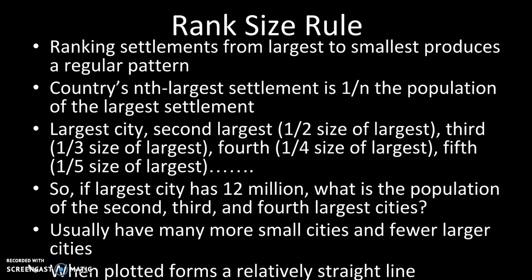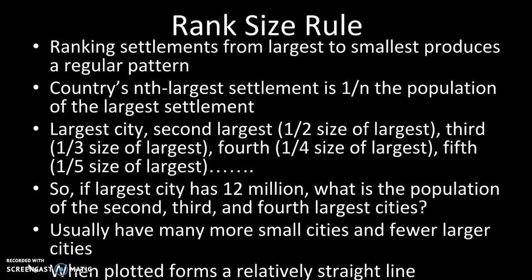When we talk about rank size rule, this is when you rank settlements from largest to smallest, and it produces a regular pattern. What it looks like is this: the country's largest settlement is the nth, so that's the largest settlement.